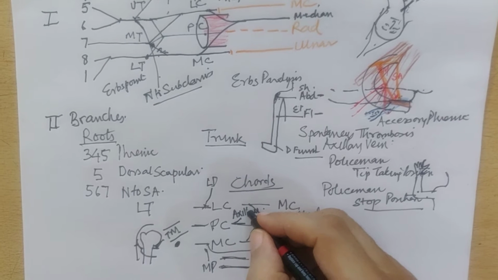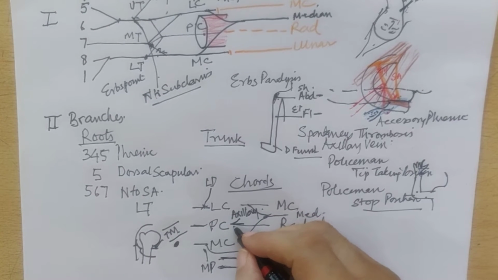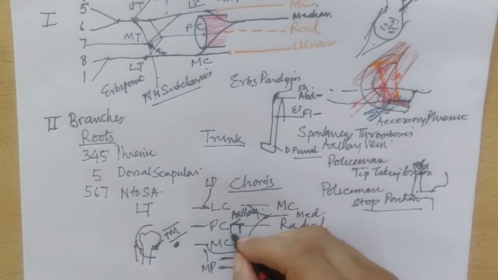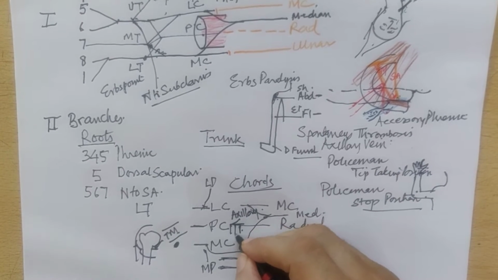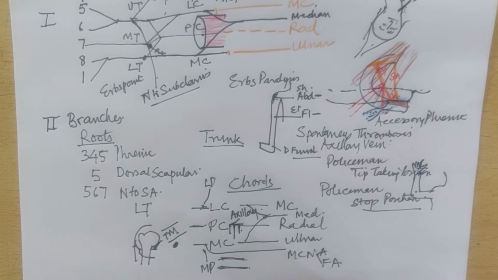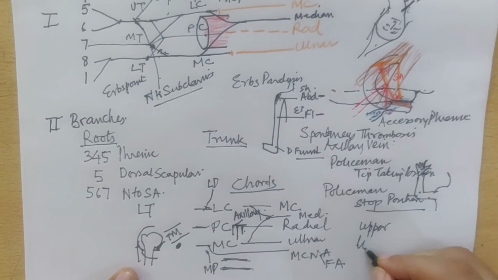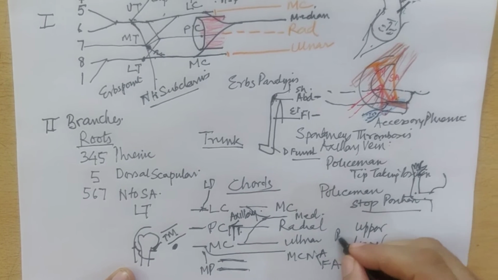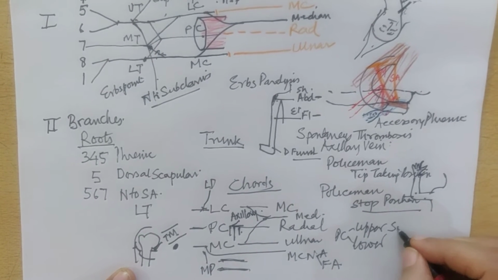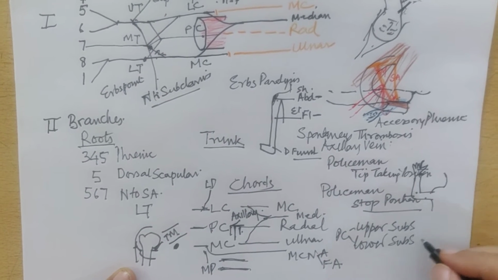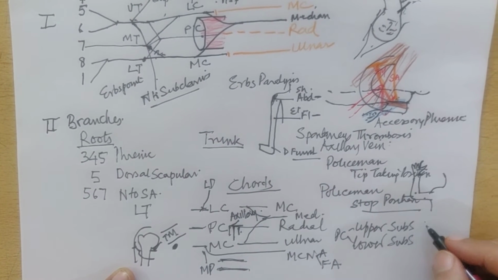Then from the posterior cord, besides the axillary nerve, there are upper and lower subscapular nerves, supplying the subscapularis muscle, and thoracodorsal.